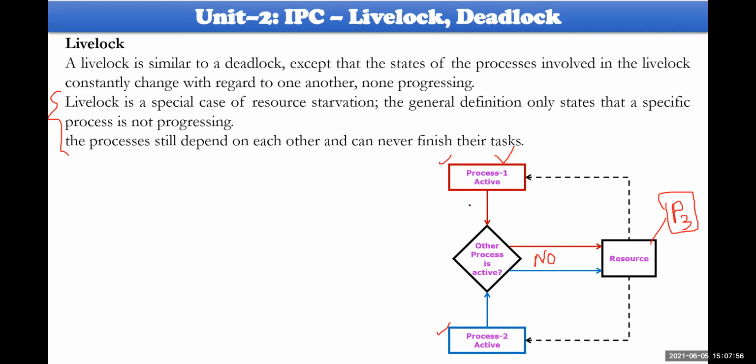But look at this, the process status is active, I mean, it is under execution mode. Some other instructions are being executed, and this one is also in active mode. So for this particular resource, continuously they are sensing, continuously looking to see whether the process handling this resource is active or not.